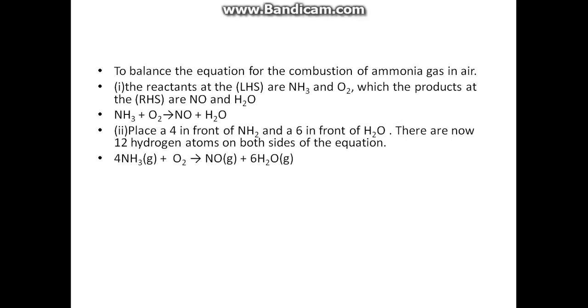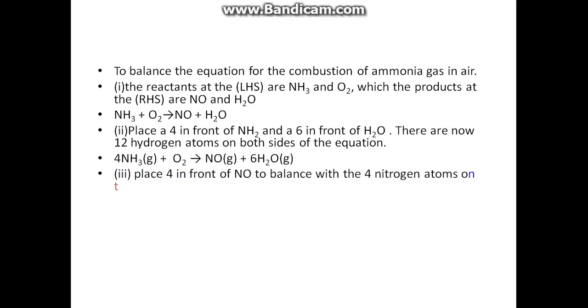We are having oxygen to be 2 atoms at the reactant and it is 7 at the product. Then I read placing 4 in front of NO to balance with the 4 nitrogen atoms on the left hand side of the equation.